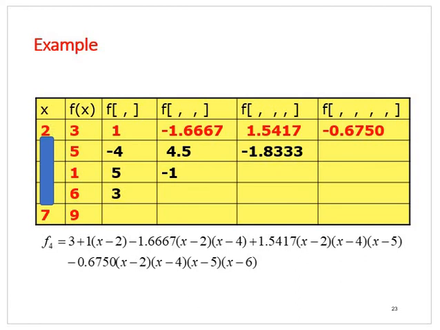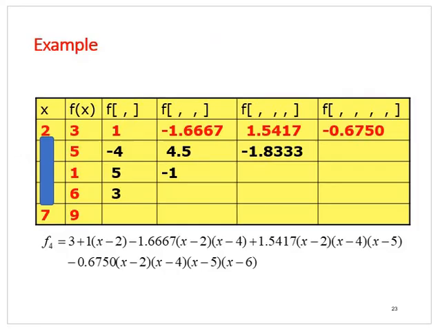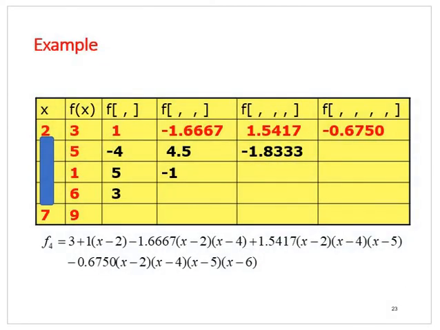As I'm talking like this, you can pause the video and do those computations and satisfy yourself that you get those values or those gradients.